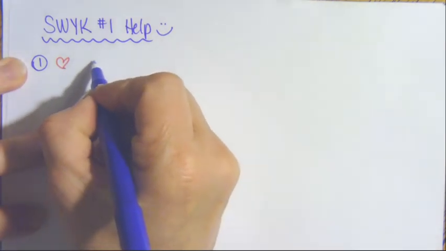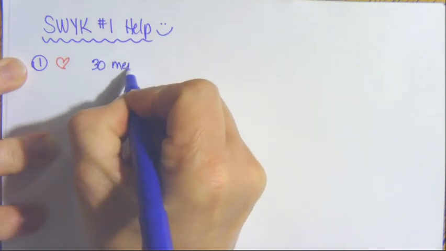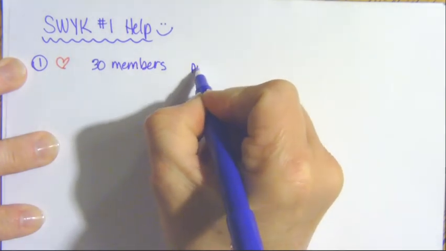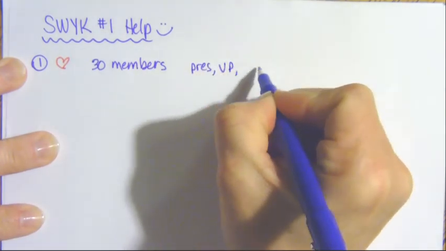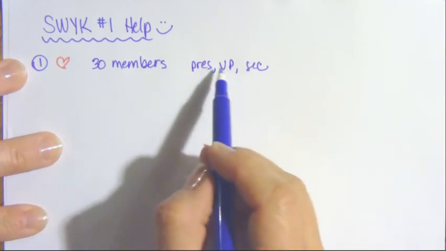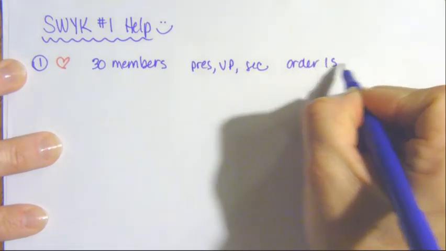But I'm just going to say that there are 30 members, and I'm going to say that there is a president, a vice president, and a secretary. So if I want to know all the different ways that I can pick these three spots, that means that the order is important.